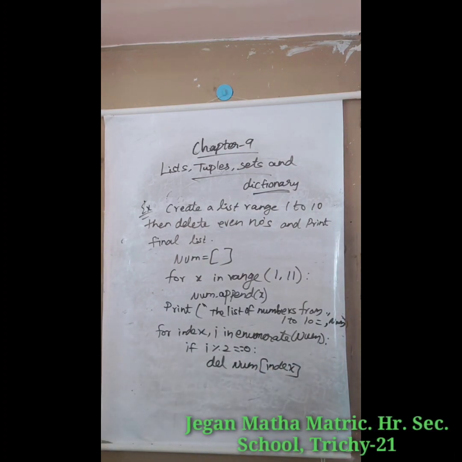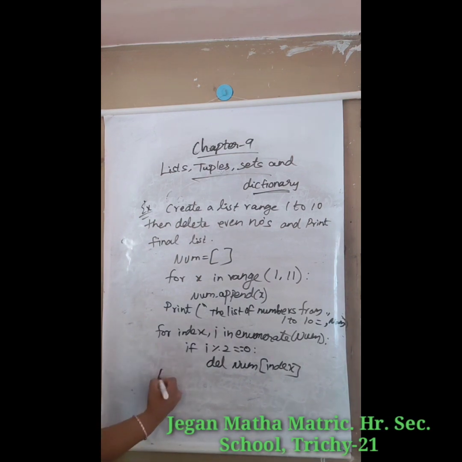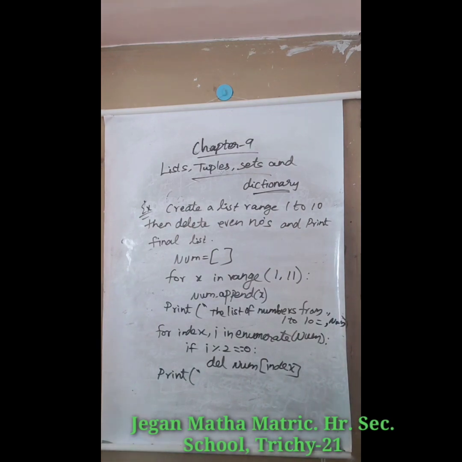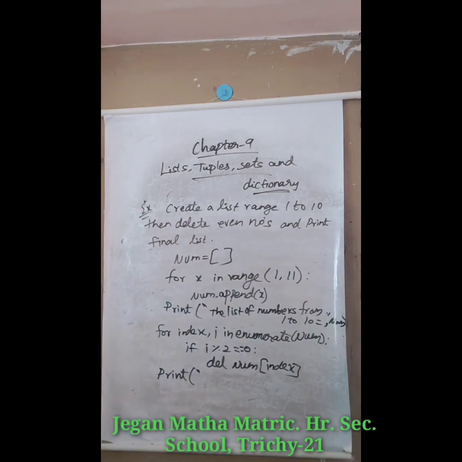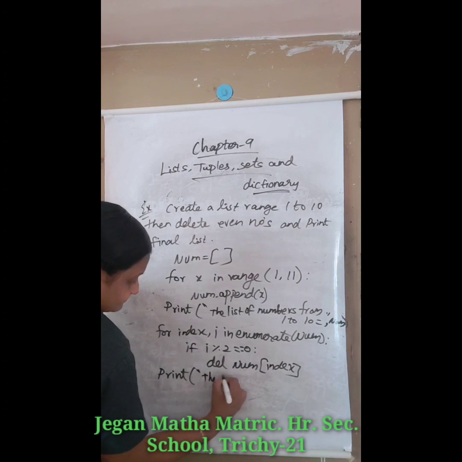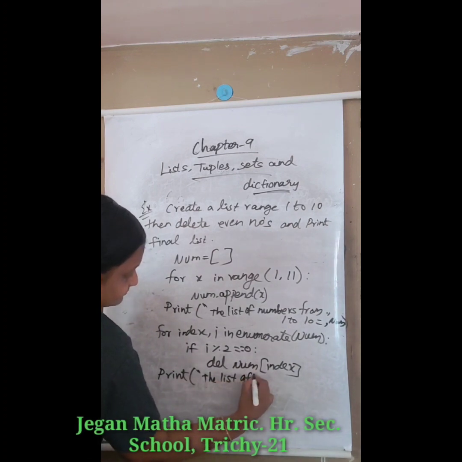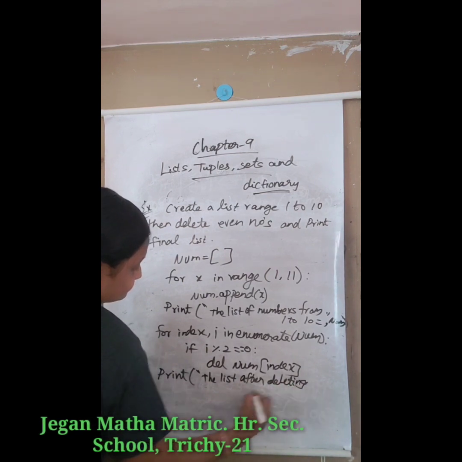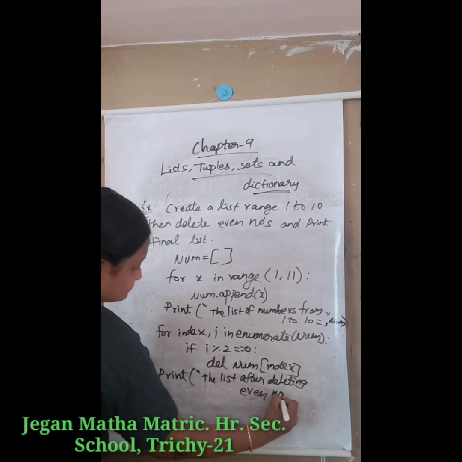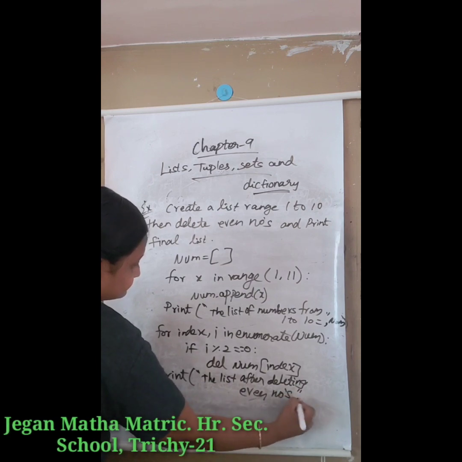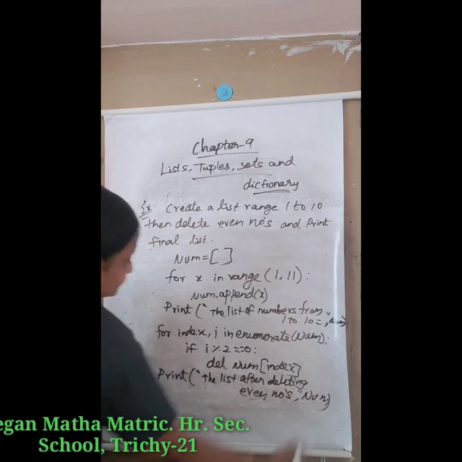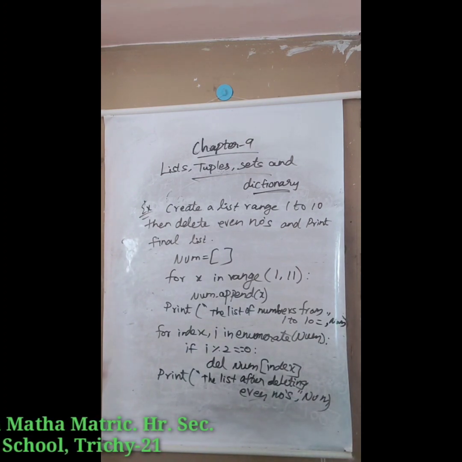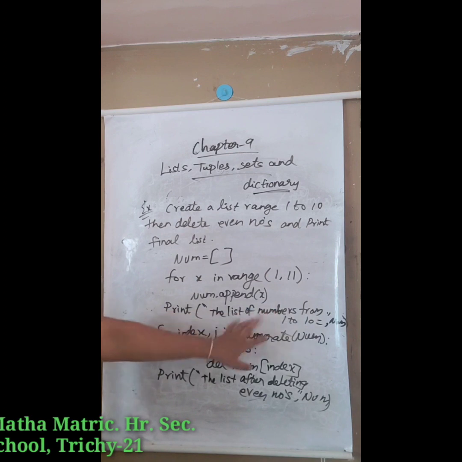And then the last statement prints the list after deleting even numbers, print num. Here first it prints the list of numbers from 1 to 10.